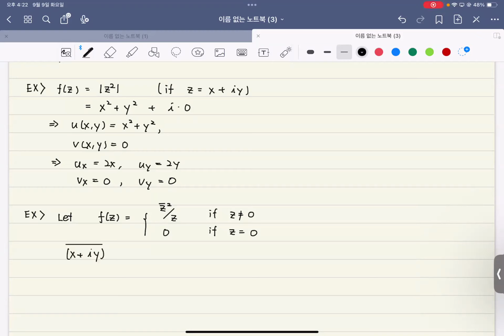So this guy, divided by x plus iy. Please allow me to multiply the complex conjugate of x plus iy to the top and bottom of this fraction. Then I will just end up with x minus I times y to the third over x squared plus y squared, right?